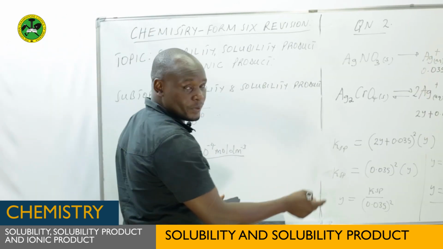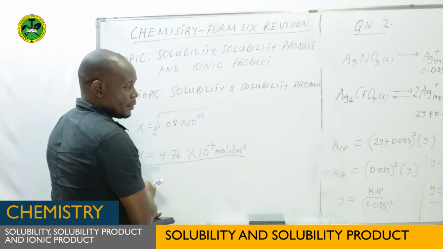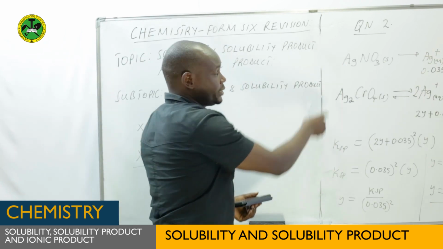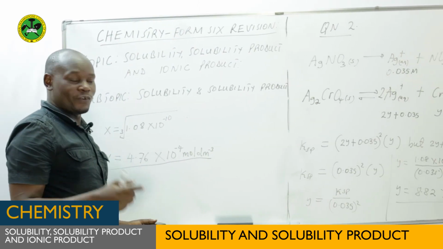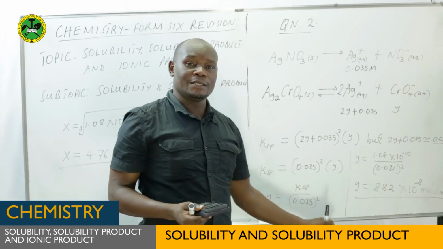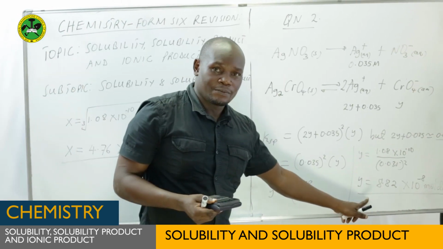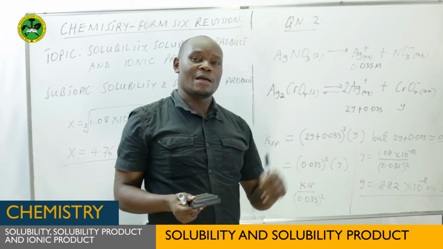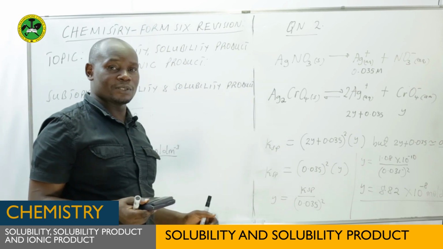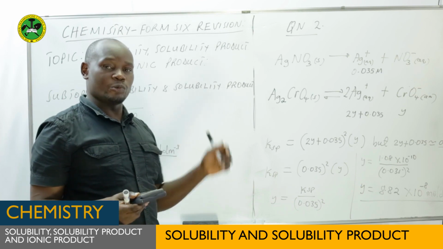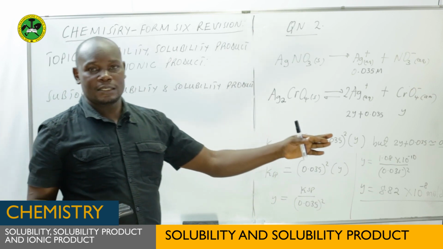If we compare now the solubility of silver chromate in water and in silver nitrate, which means that in common ion effect, this one is lower than that one. So the common ion effect has decreased the solubility of silver chromate from this one to this one. So that is what we call common ion effect: the ions present in the solution decrease the solubility of a substance that contains ions that are present in that solution. So that is now how you were supposed to go about that second question.